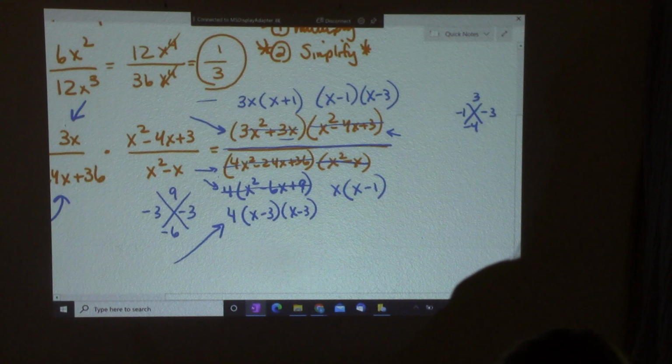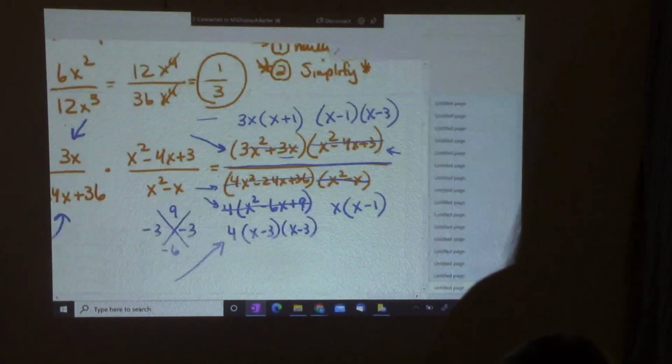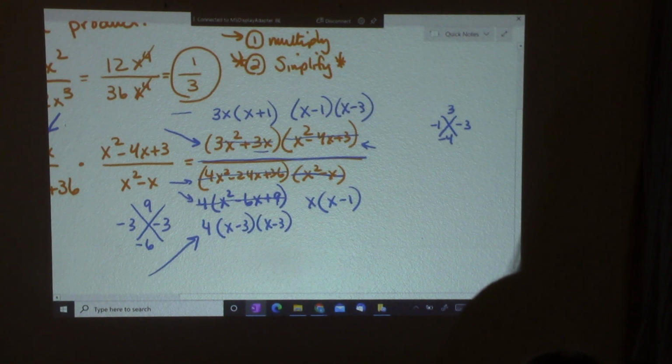Now I can cross things out. Whatever's in the numerator that's also in the denominator, I can cross out. So I want to look at all my parentheses and all my terms. Up here, I have an x minus 3, and I also have one down here. So I'm going to cross these out.